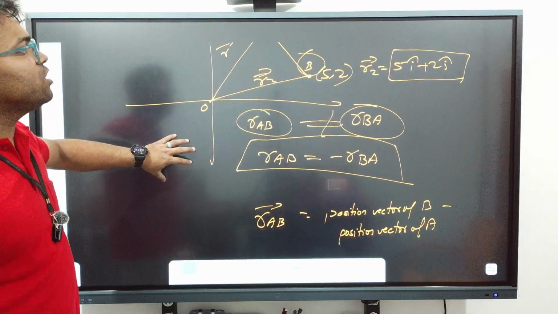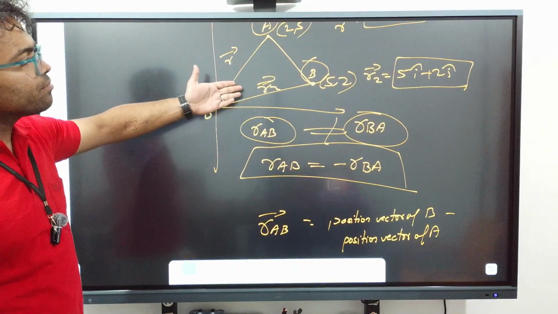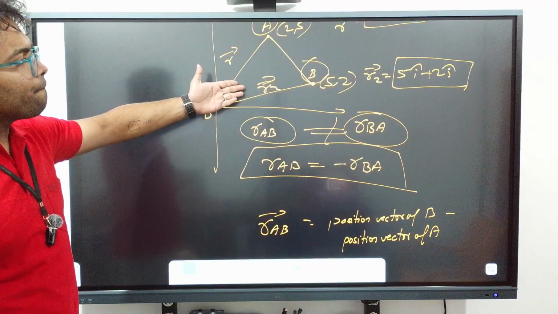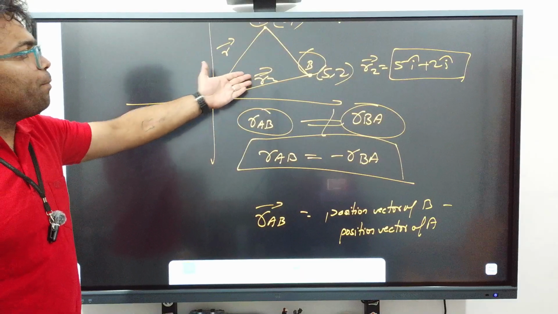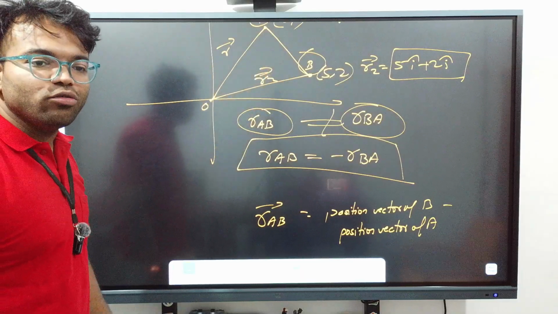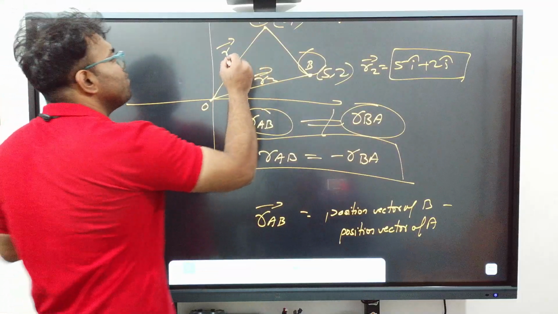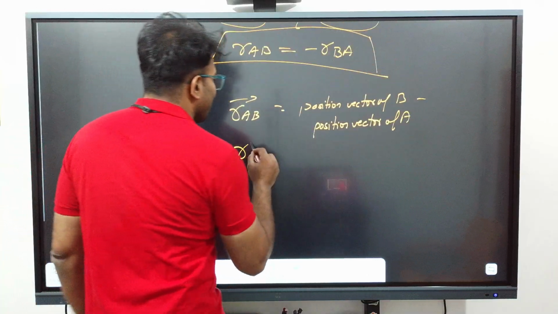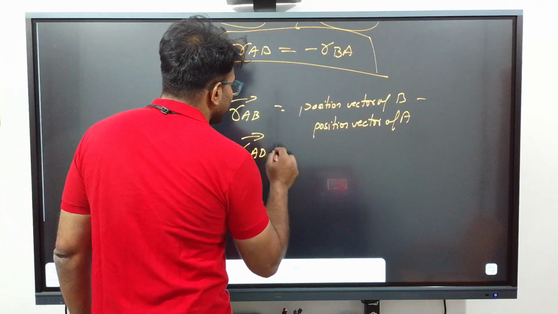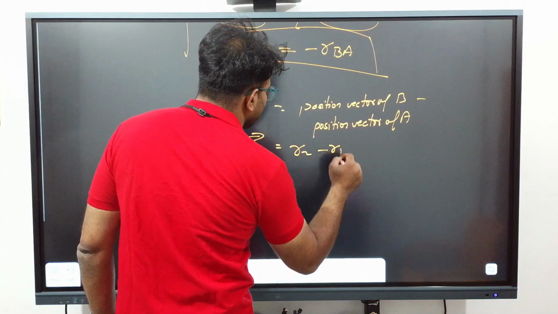Who is representing the position vector of B, Drupad? R2. The position vector of B is represented by R2. And the position vector of A is represented by R1. So I can write RAB is equal to R2 minus R1.